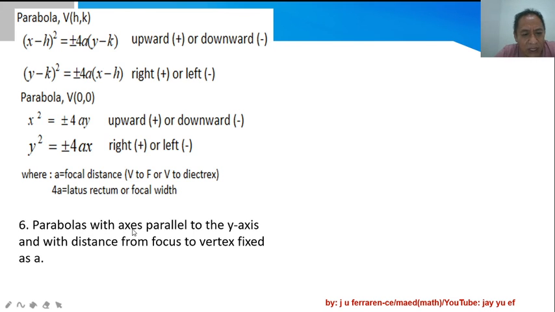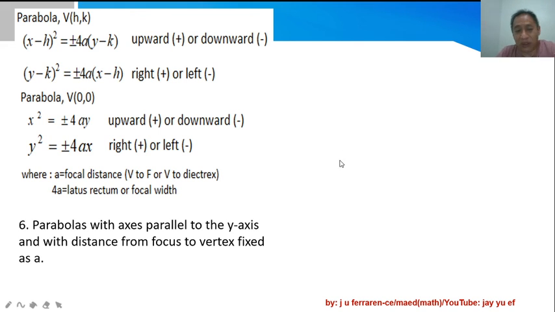We have parabolas with axis parallel to the x-axis. So, if you say that the parabola has an axis parallel to the y-axis, then the parabola will open upward or downward, because the axis of the parabola is the axis of symmetry of your figure. And with a distance from the focus to the vertex fixed as A, that means the focal width will also be the same.